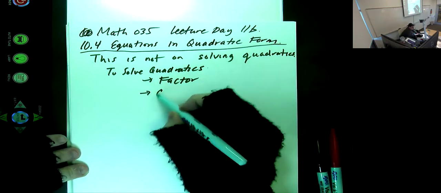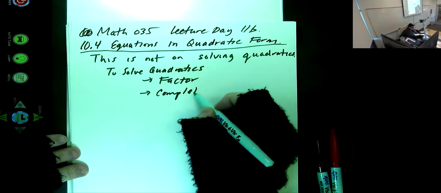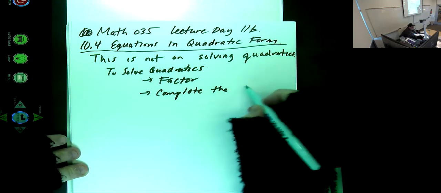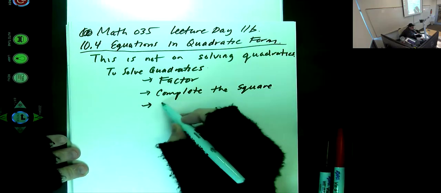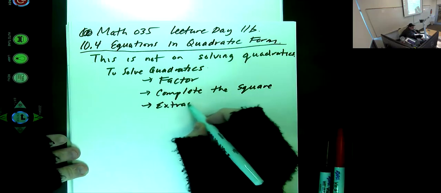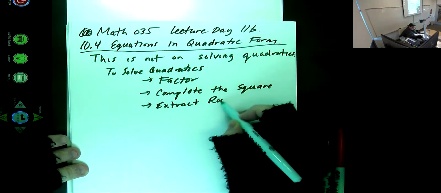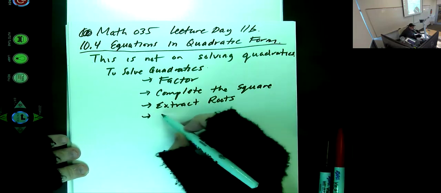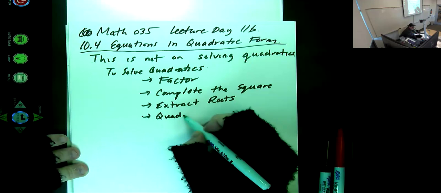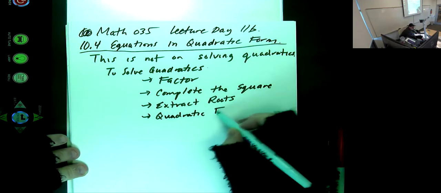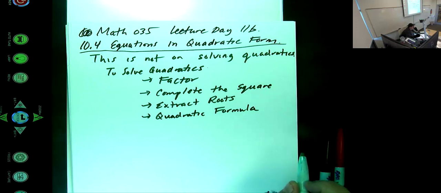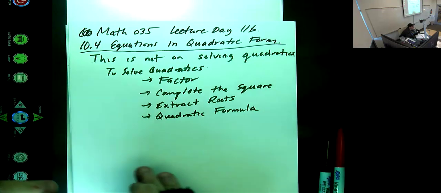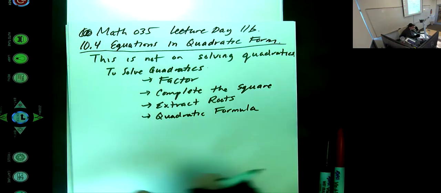We can complete the square. We can extract roots. Sometimes that's the quick way to go. Or we can do the quadratic formula, which isn't always friendly, but it does take us directly to the answer. It's a one-trick pony, directly there.